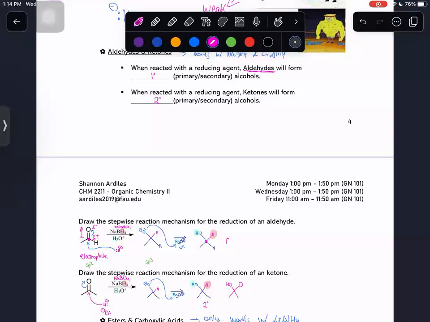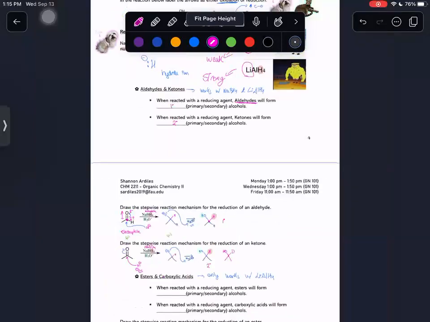They're going to be so easily attacked. As long as it's protic, yeah. As long as it can give a hydrogen, it's good. In this case, it's not really going to be relevant. The solvent is only going to matter for Grignards, but we're not talking about that one yet.